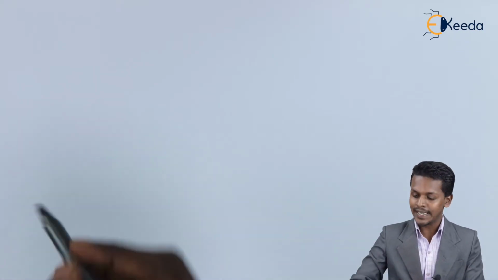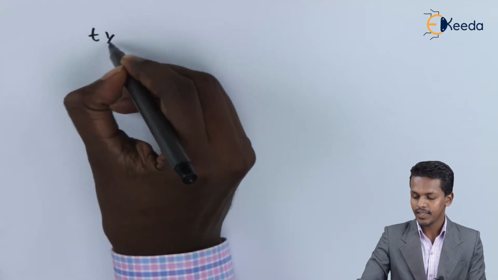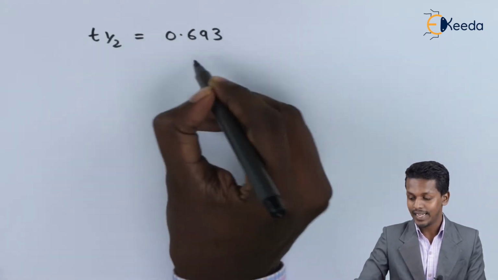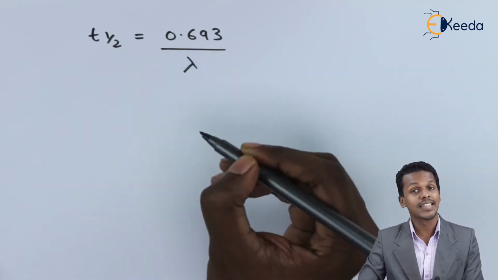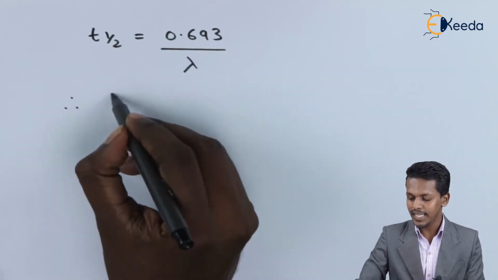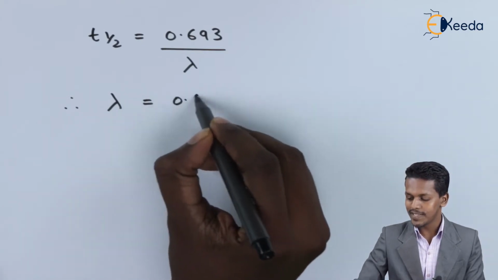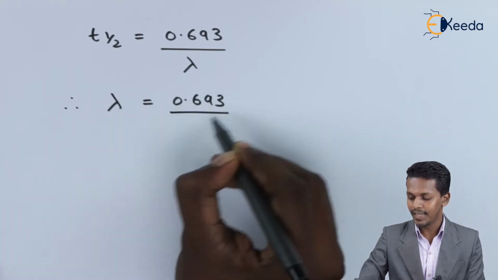Here we are going to talk about how we can calculate the decay constant, and for that we have a formula: T half is equal to 0.693 divided by lambda, the decay constant. Therefore lambda is equal to 0.693 divided by T half.